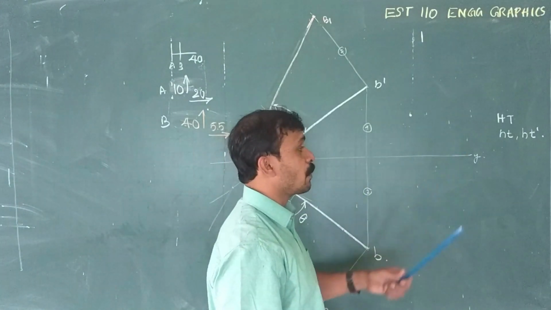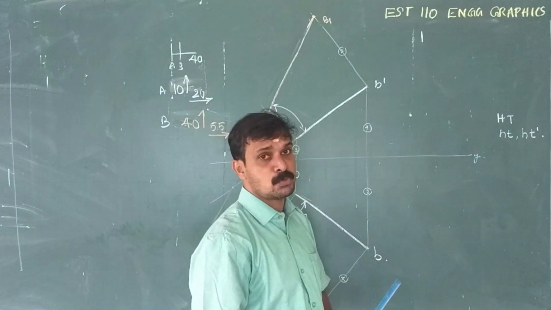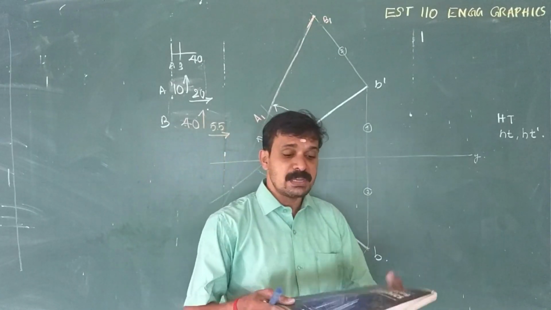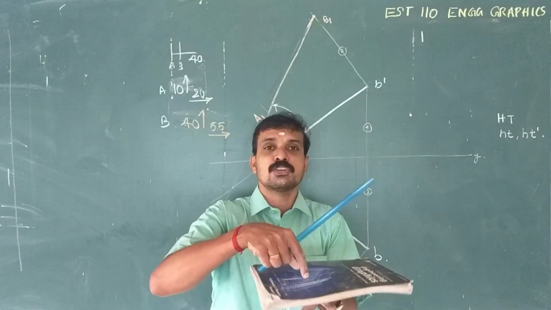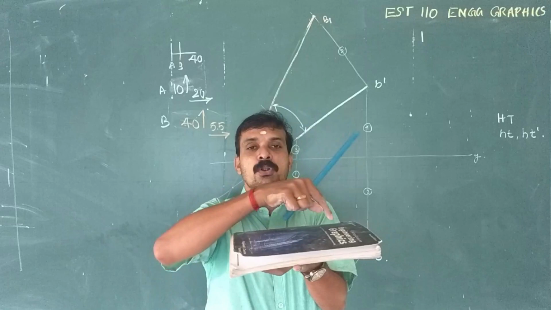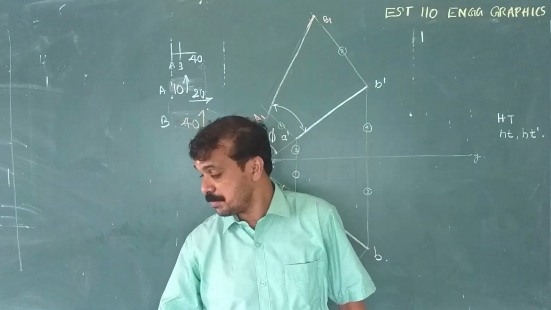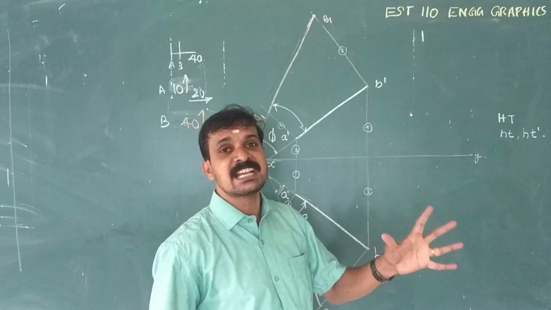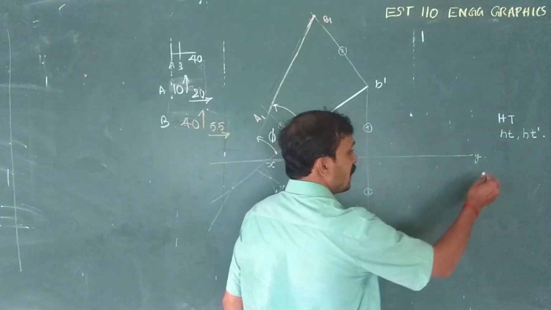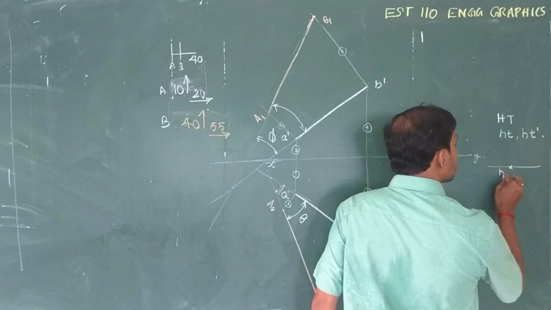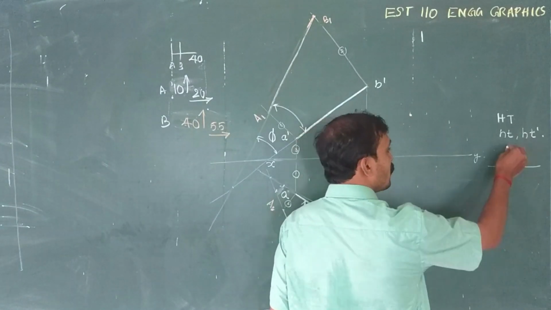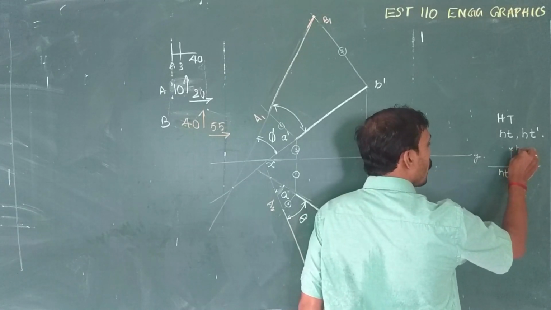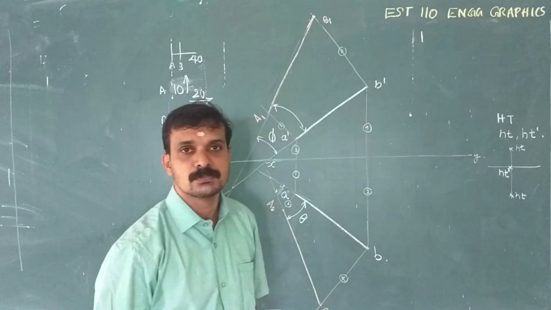That means for a horizontal trace there will be two components, HT dash and HT, and if the point is on HP, your front view will be on the XY line. So HT dash will always lie on the XY line, whereas HT will be either in front of or behind the XY.